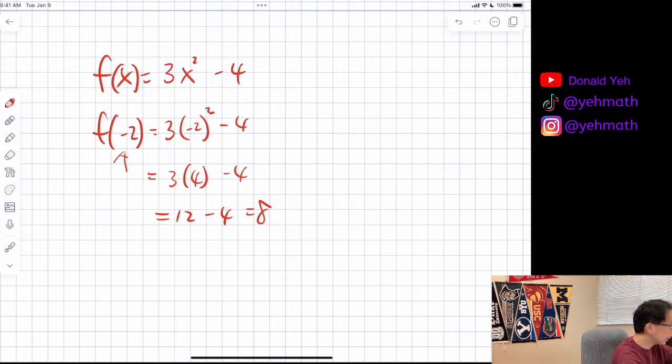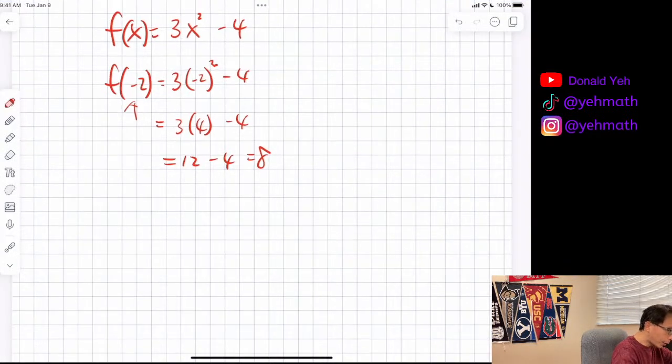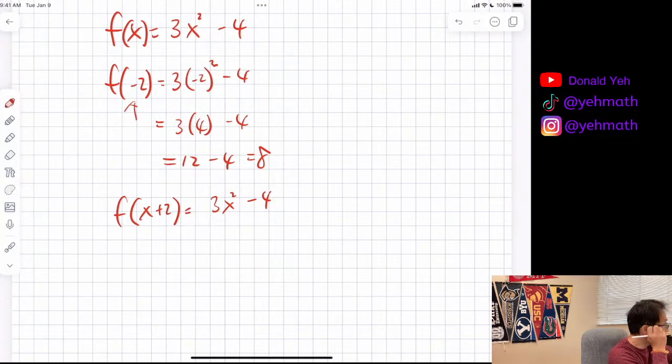Okay, so we are going to go a little bit about functions. This is about Algebra 1-ish. Algebra 2, that you might see this. This one's a little bit harder now.